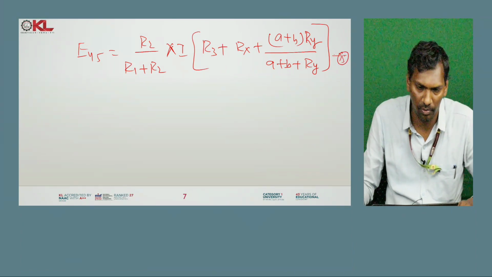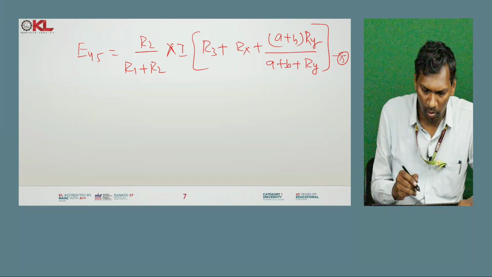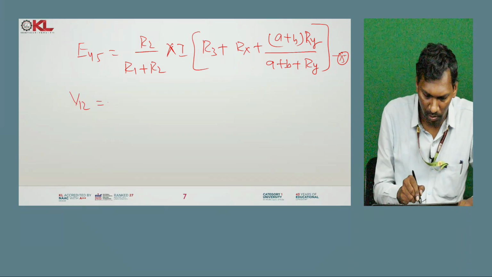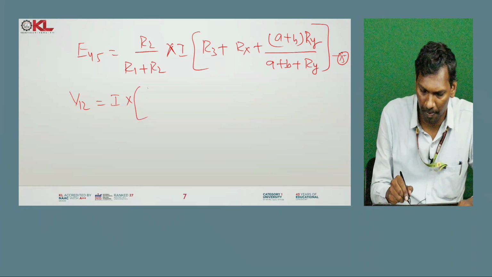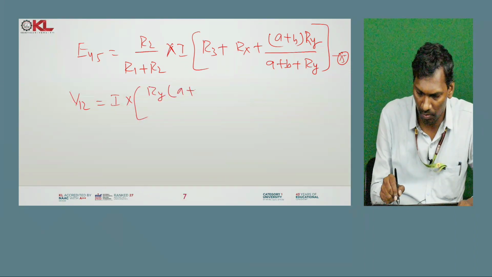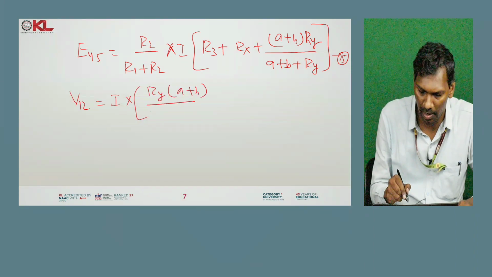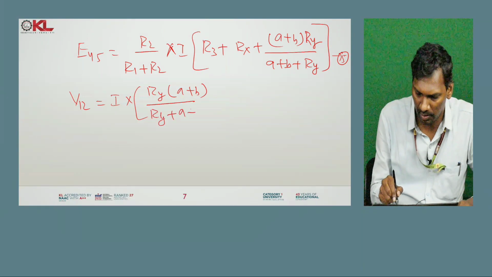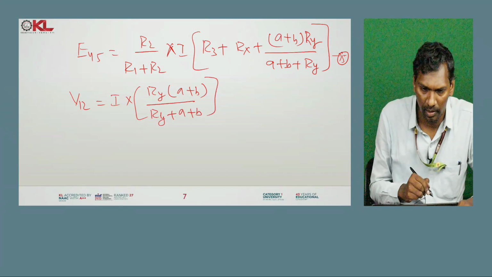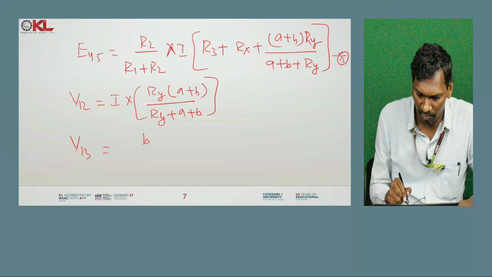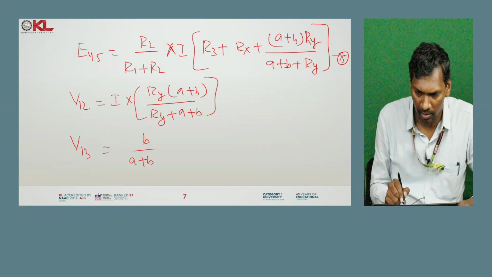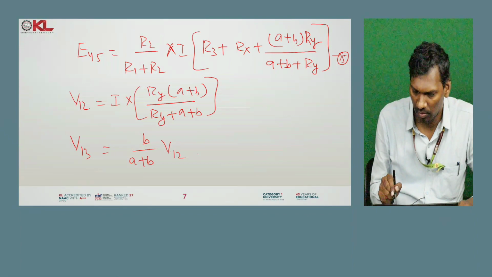Let us consider this as 5. And the voltage across the terminals V12 is given as I into Ry into A plus B divided by Ry plus A plus B. Similarly, the voltage across the terminals V13 is given by B by A plus B into V12.